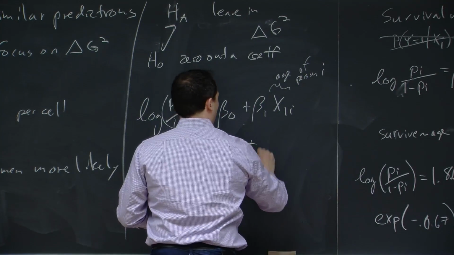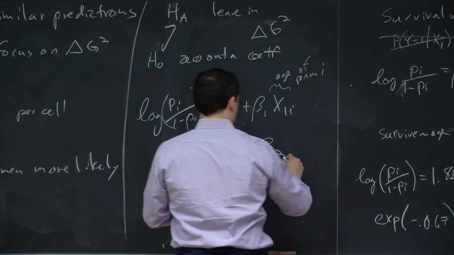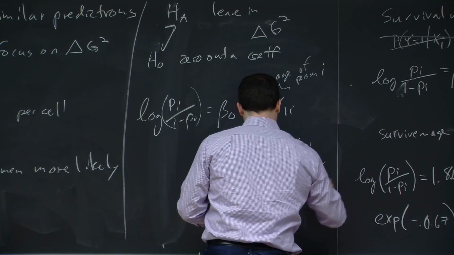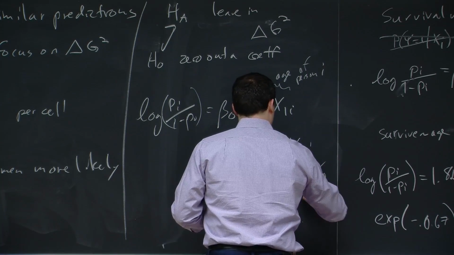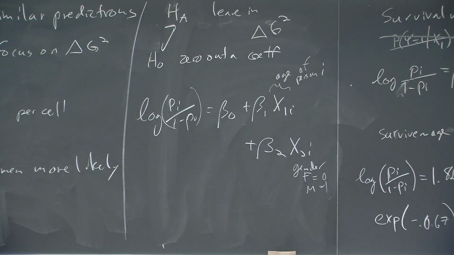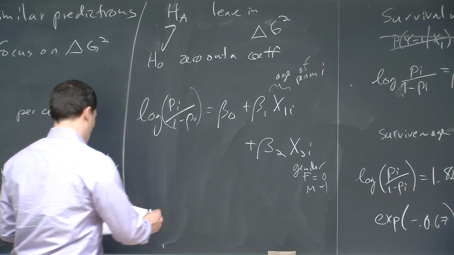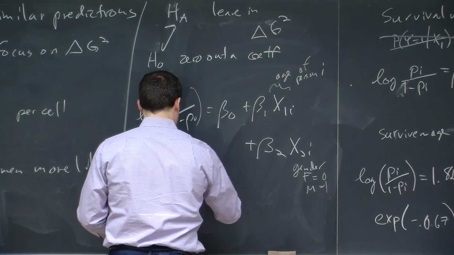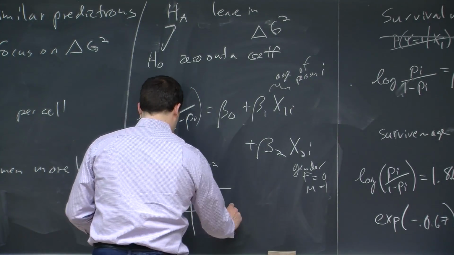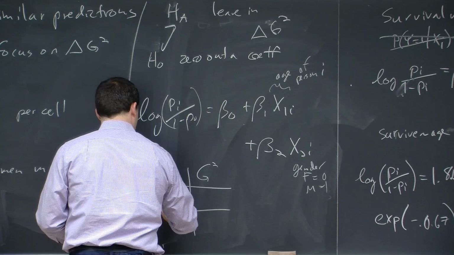And then we add in another factor for gender, and we're coding it like that. And so now our question is just, does adding this beta 2 significantly improve the fit of the model? So for that, we just need to compute our G squared. And we don't need to care what the degrees of freedom is for each of these because we're not testing them directly, we're just testing the difference.